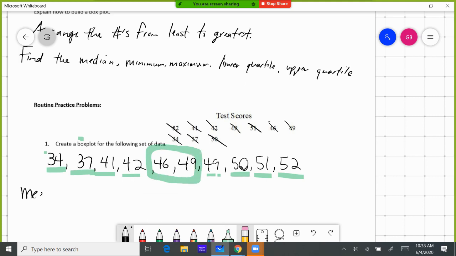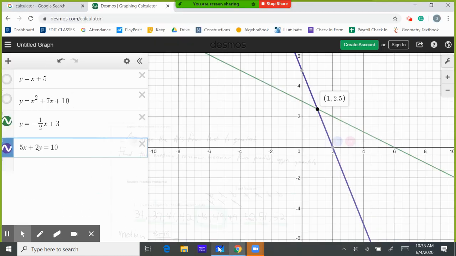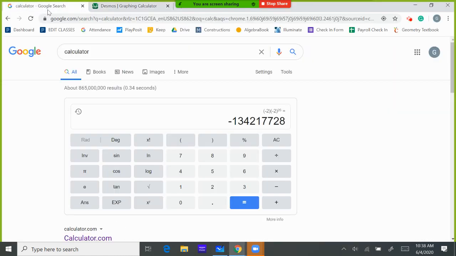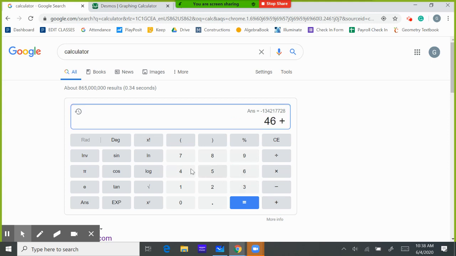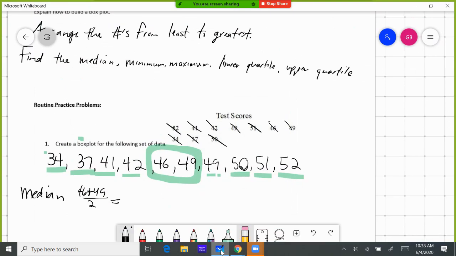So the median is going to be 46 plus 49 divided by 2. 46 plus 49 is 95, and then divide that by 2 is 47.5. So the median is here, 47.5.